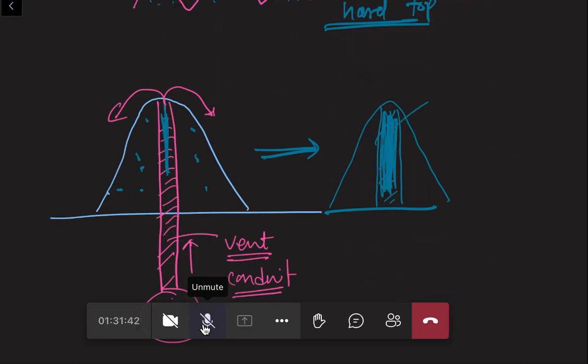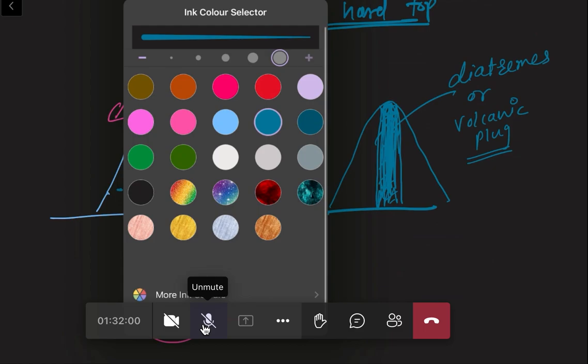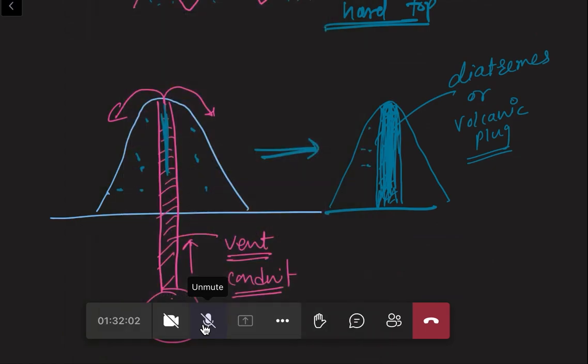It is called a dyke, or the other name is volcanic plug. Volcanic plug. Now what happens? A volcanic plug is always much harder as compared to the outside rock.